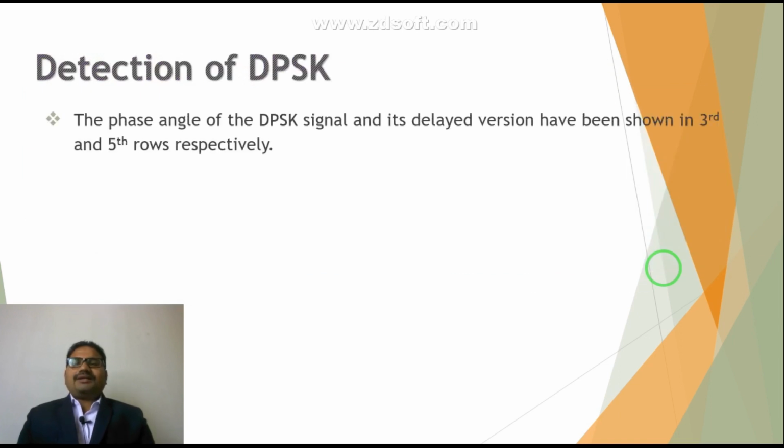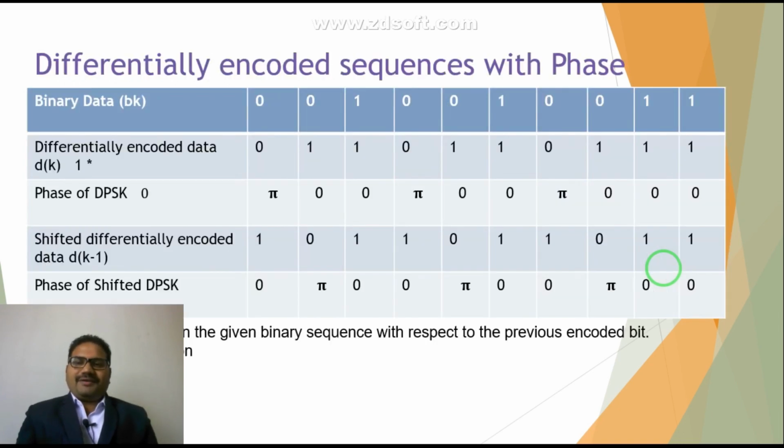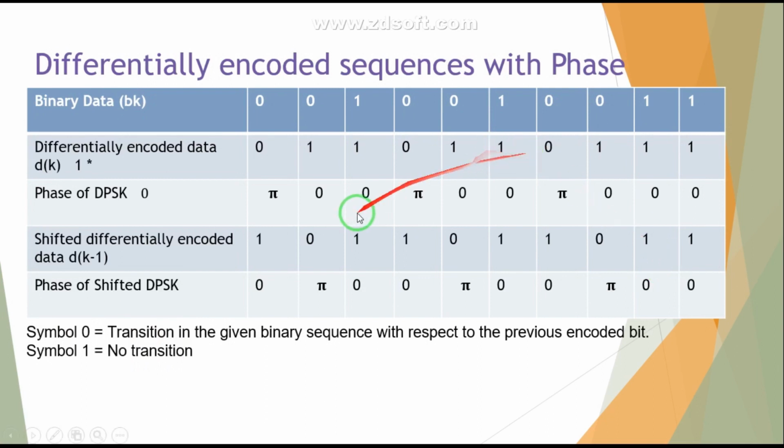Now, the phase angle of this DPSK and its delayed version has been shown in the 3rd and 5th rows respectively. So you can see that one. This is the phase of your DPSK signal, that is d of k, and this is the phase of the shifted DPSK. So this 0 came over here, this pi came over here.